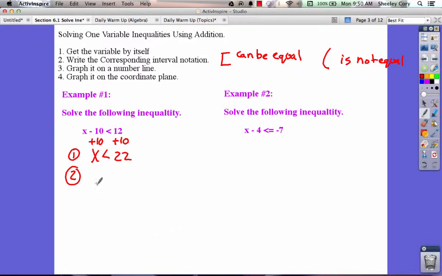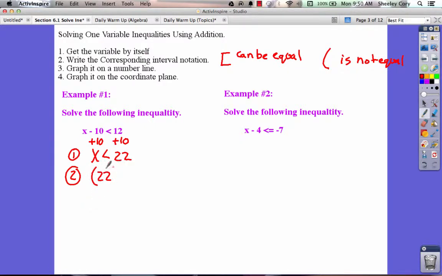So when I go to write this interval notation, x is less than 22, so I'm starting at 22, so I'm going to say 22. It cannot be equal, so I'm going to use a parenthesis.